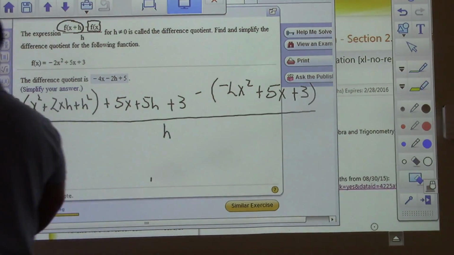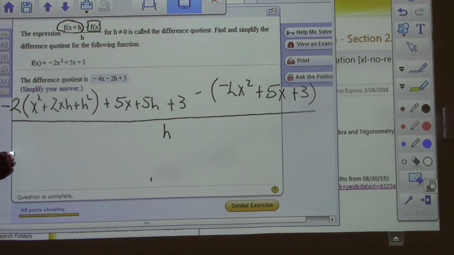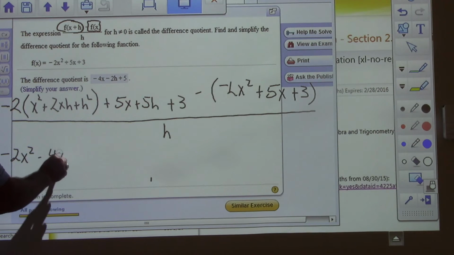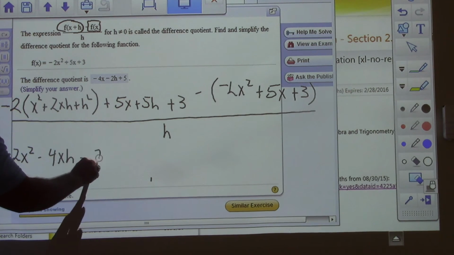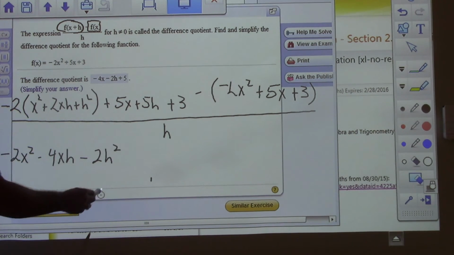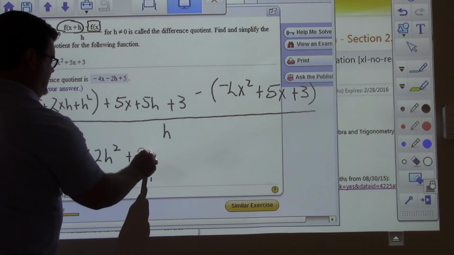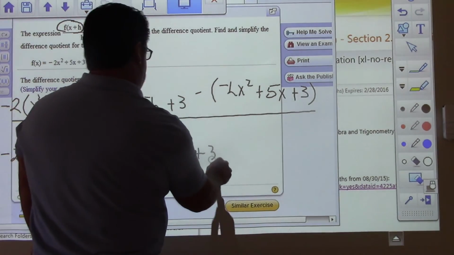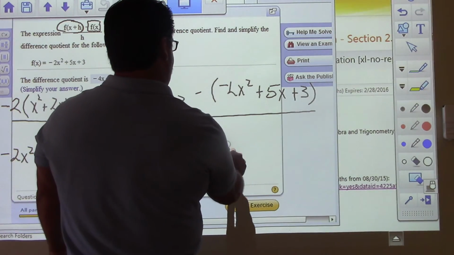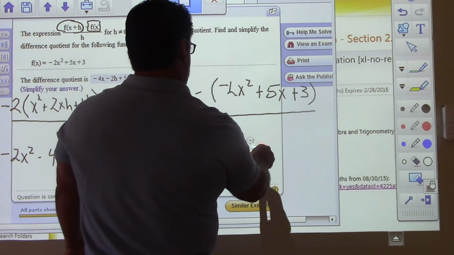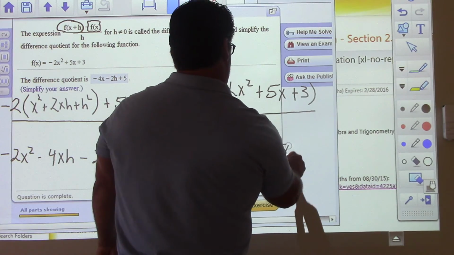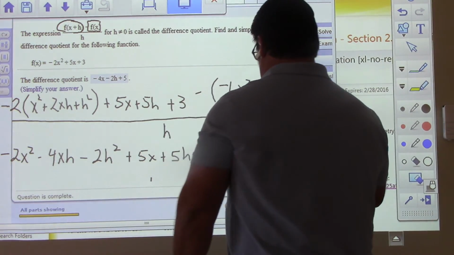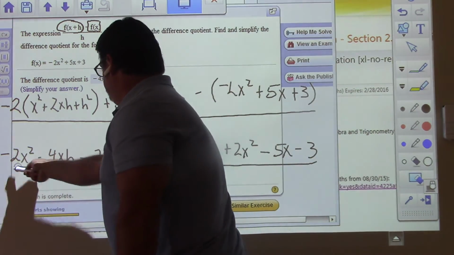All right, so negative 2x squared minus 4xh minus 2h squared plus 5x plus 5h plus 3, minus, becoming a positive 2x squared minus 5x minus 3, all that over h.